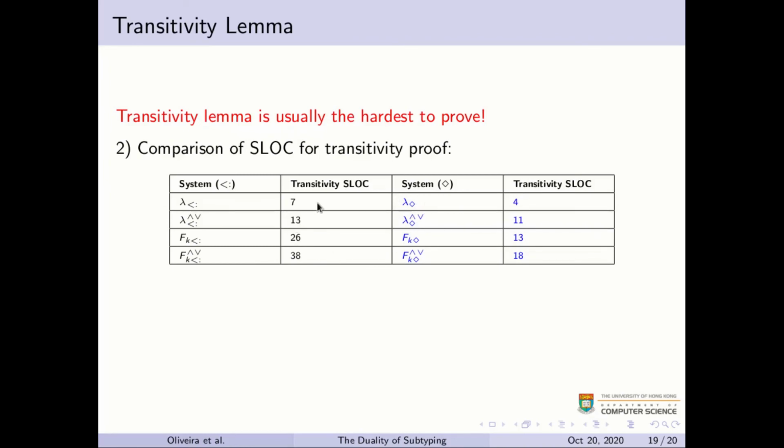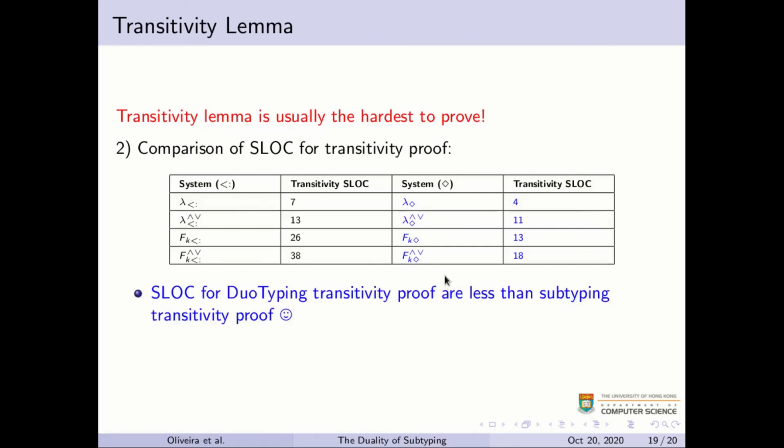As we move from a simpler system to a complex system, we can see a significant drop in lines of code for the duotyping systems. For example, we need 38 lines of code to prove the transitivity lemma in System F sub kernel with intersection types and union types in a traditional approach, while we need just 18 lines of code to prove the transitivity lemma in F sub kernel with duotyping, intersection types and union types.